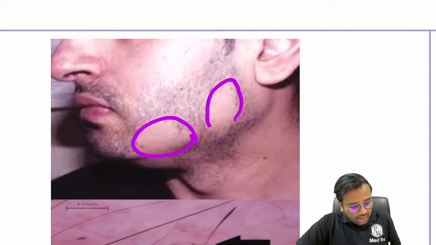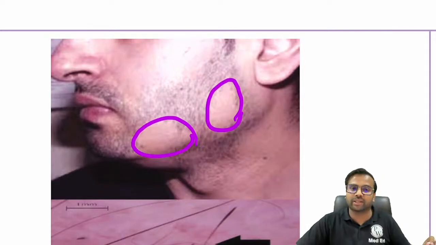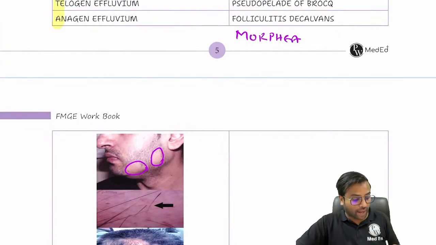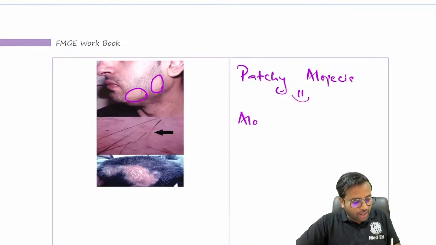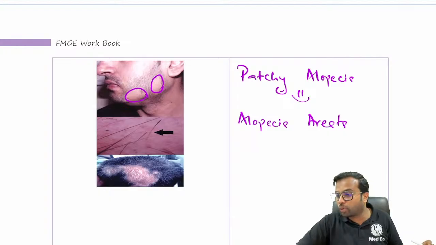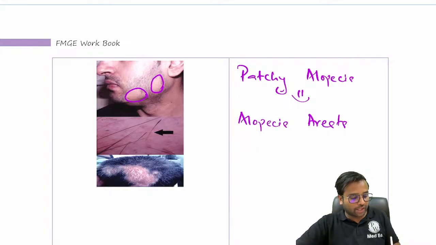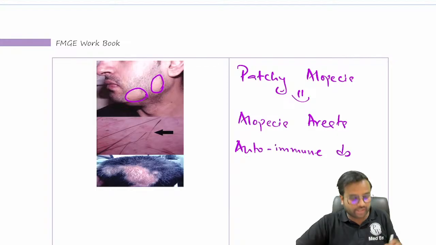There is another circumscribed area of alopecia here, which means there is a patchy alopecia, and this patchy alopecia is called alopecia areata. So in alopecia areata, remember, it is an autoimmune disease.